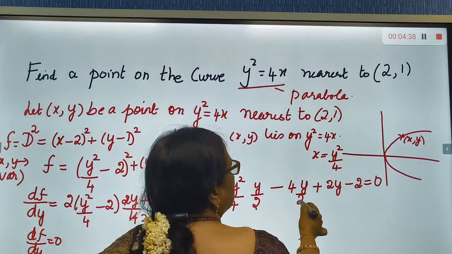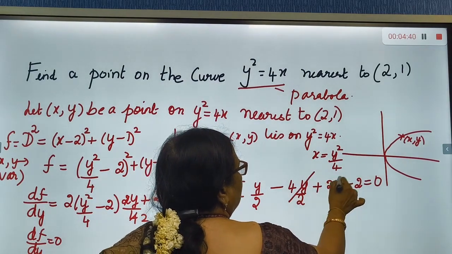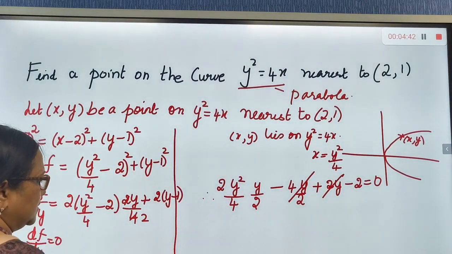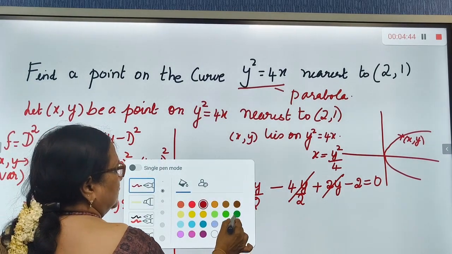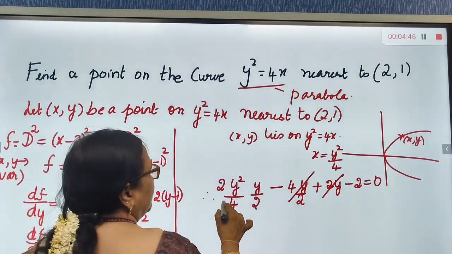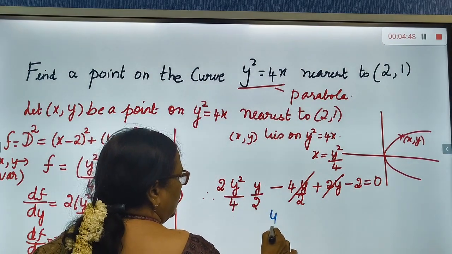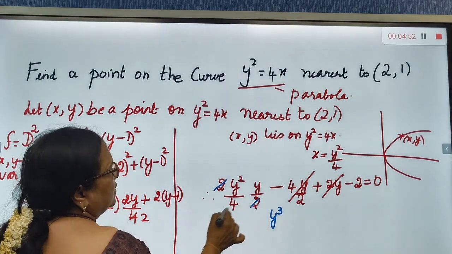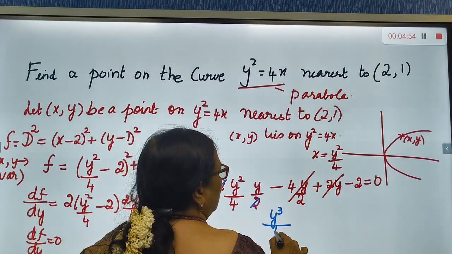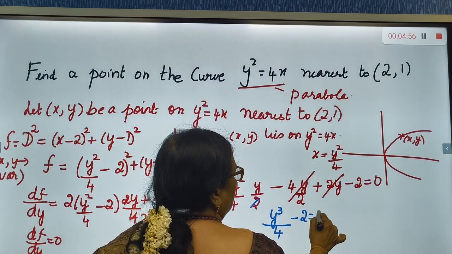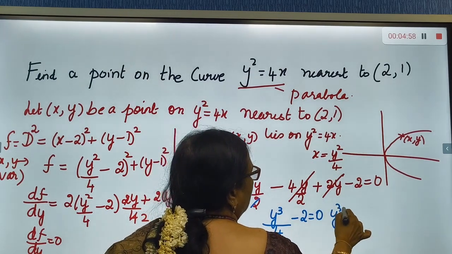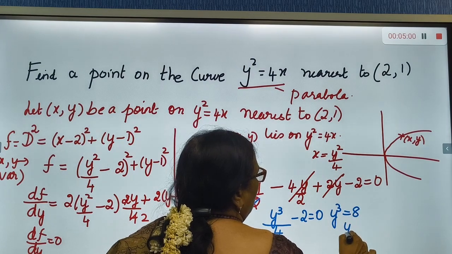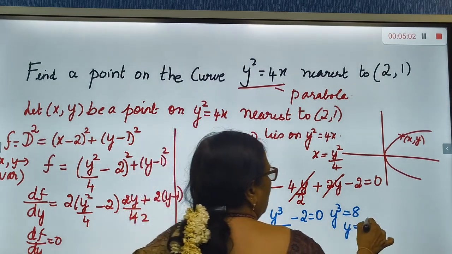Minus 4y by 2 is minus 2y. So minus 2y and plus 2y gets cancelled. Now from here it is y cube. Okay. 2 gets cancelled. So y cube by 4 minus 2 equal to 0. So y cube equal to 8. y will be what? 2.